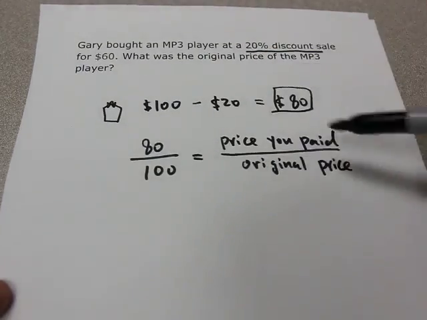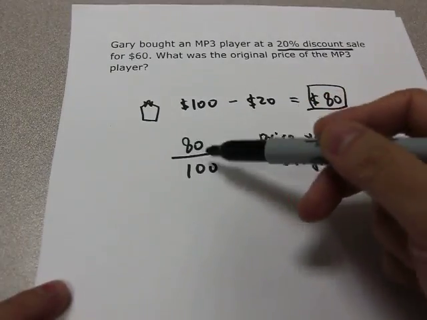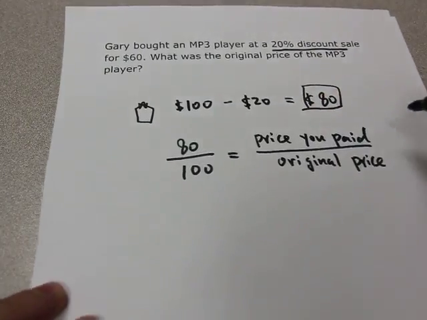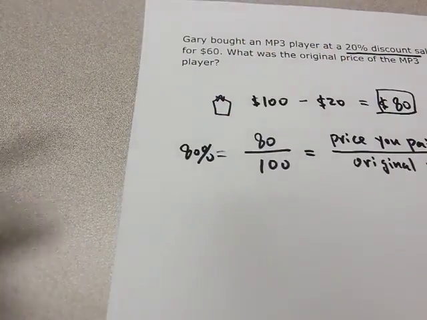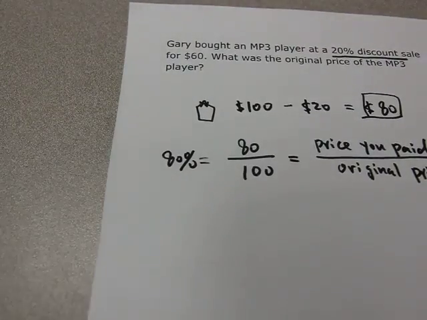And the ratio of these two is 80 over 100, which is 80%, if we use a percentage to represent this.